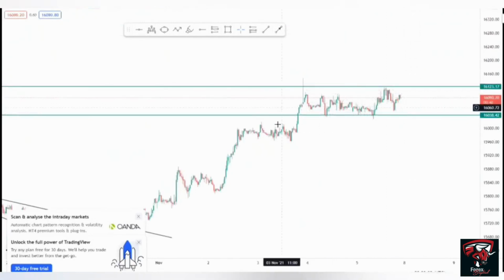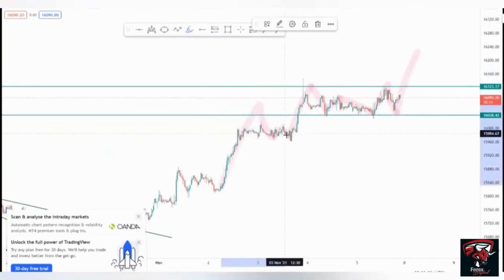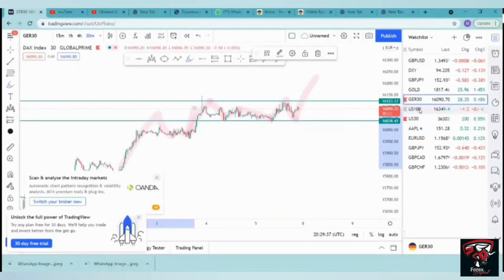As much as I would say this thing, we had an impulse movement at the back here. Impulse, correction. We're going to have an impulse move again. This was just an impulse push to the top. So now we're going to talk about Nasdaq.